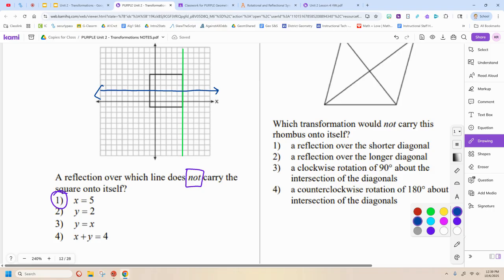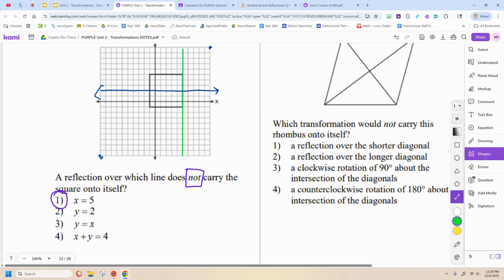It's the line that goes from corner to corner, right? So use your straight edge and draw that line in. Does that one work?